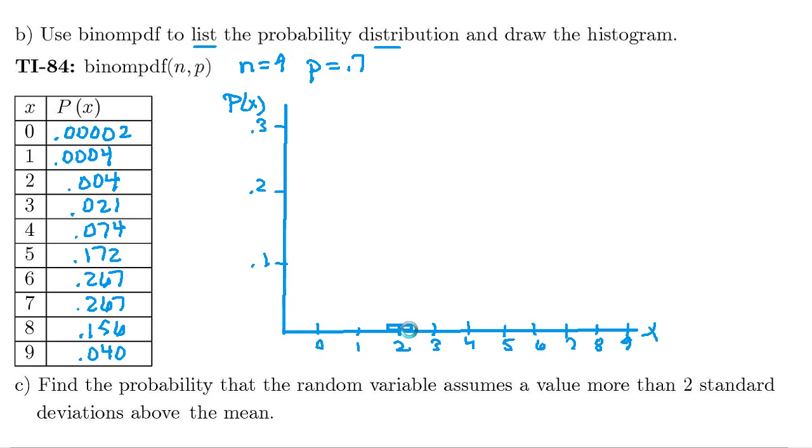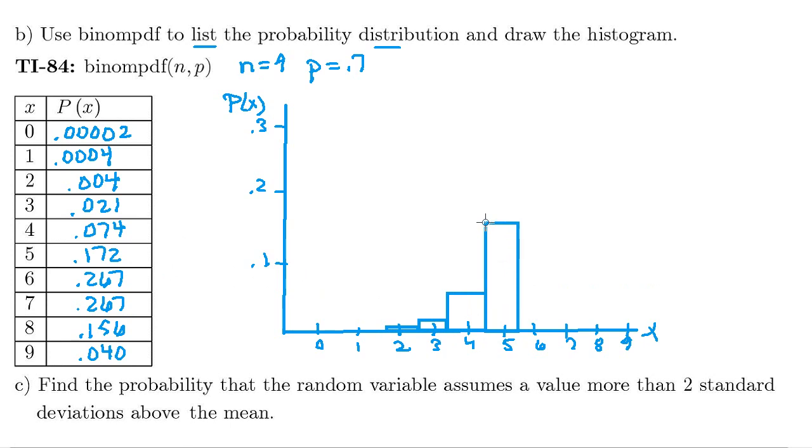Even shorter than that. Something like that. And then let's see, 3, 0.02. Well, maybe about right there. For 4, 0.07. So now we're a little more than halfway up to the 0.1. For 5, 0.17.